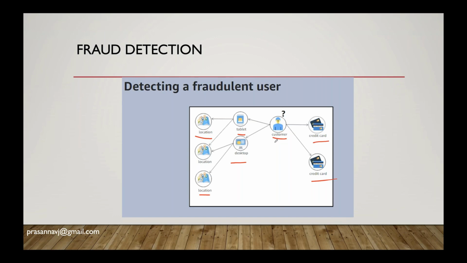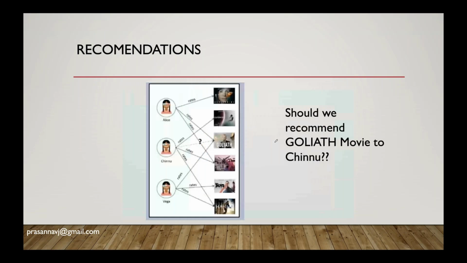The other use case is the recommendation engine. I'm sure we are all used to watching Netflix and Prime Video and so on. How does Netflix or Prime identify what to recommend? In this case, let's say Chinu is a sample person, and should we recommend this particular movie?